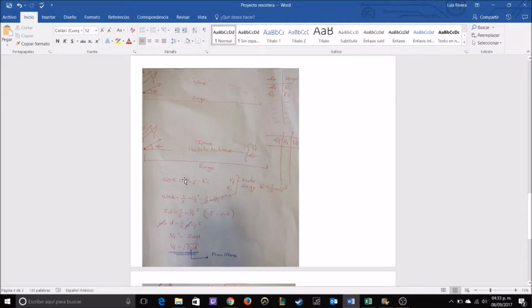Alright, so it comes from the formula of work equals the final kinetic energy minus the initial kinetic energy.